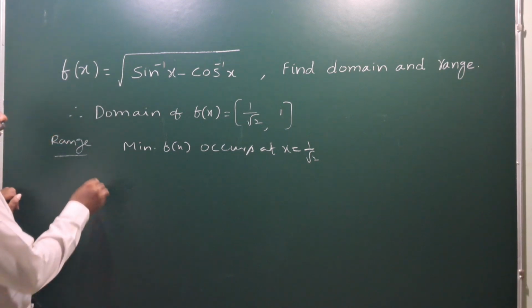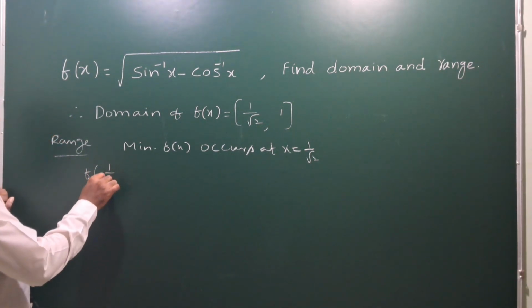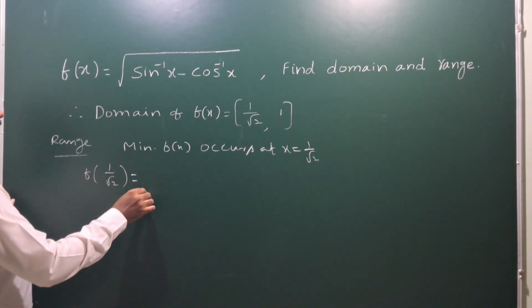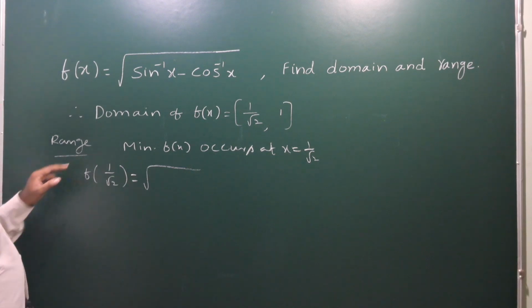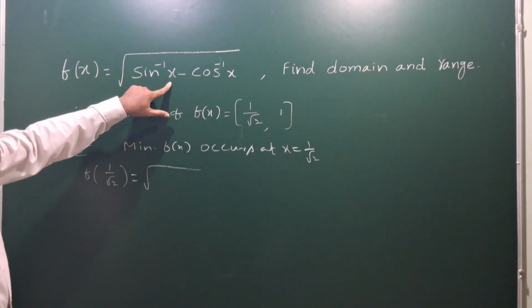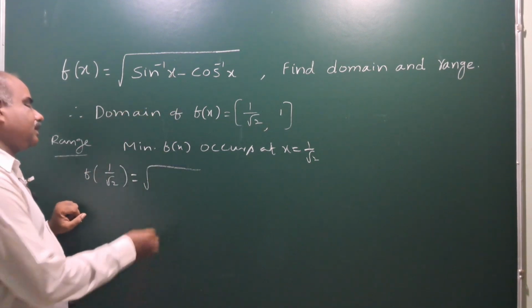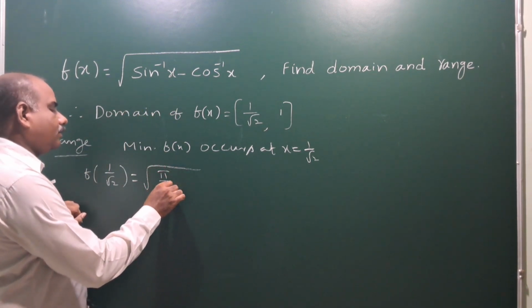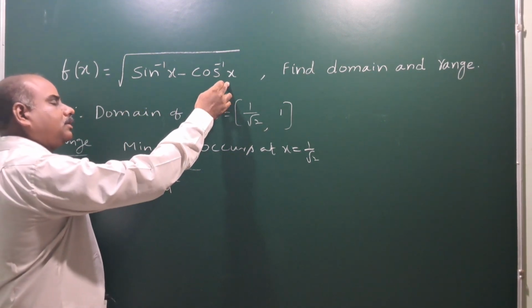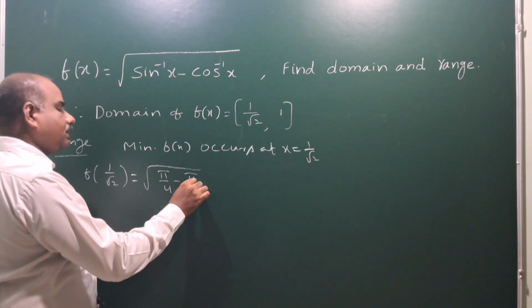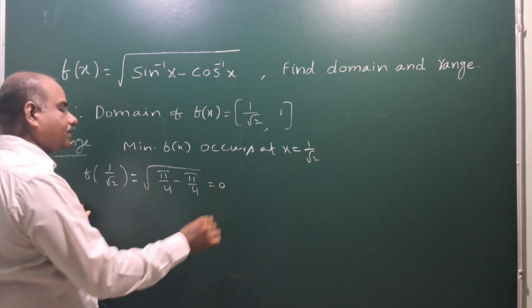So let us find f of 1 by root 2, which is root of sin inverse 1 by root 2 minus cos inverse 1 by root 2. Sin inverse 1 by root 2 is pi by 4 and cos inverse 1 by root 2 is also pi by 4. So under root, pi by 4 minus pi by 4 gives 0.